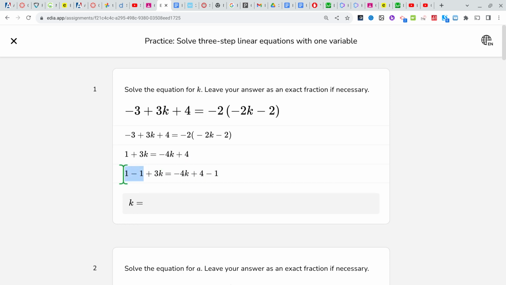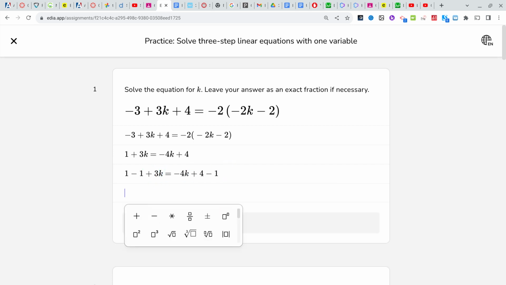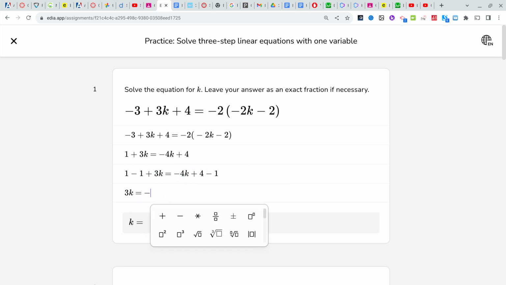So this turns into 0, and now you're going to get 3k. You don't need the plus anymore. 3k, that's 3 times k, and this is negative 4k, and then this can combine: 4 minus 1 is positive 3.